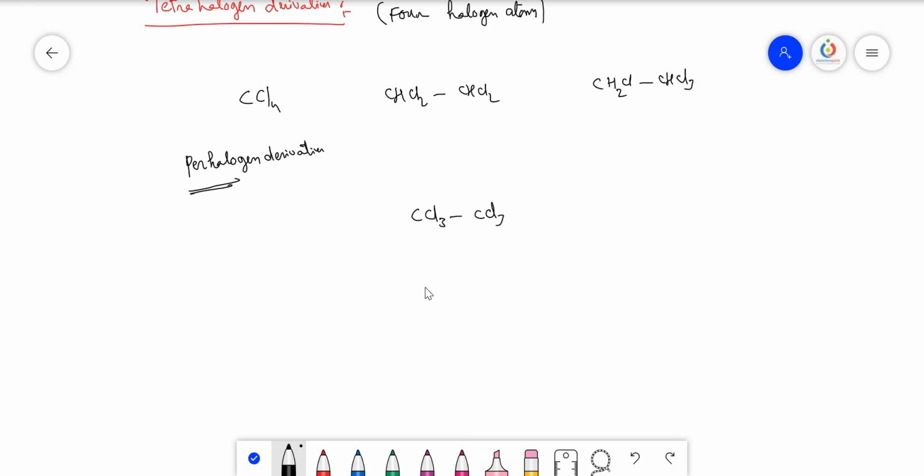This is called the perchloroethane. So when we say perchloroethane, it means all the hydrogens are replaced by the chlorines. Perchloromethane means all the hydrogens of methane are replaced by the chlorine. So whenever you use perhalo, automatically all the hydrogens are replaced by that respective halogen atom. Otherwise they are simply called the tetrahalogen derivatives.